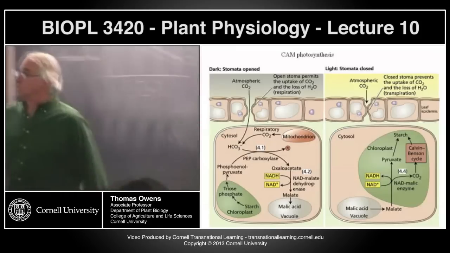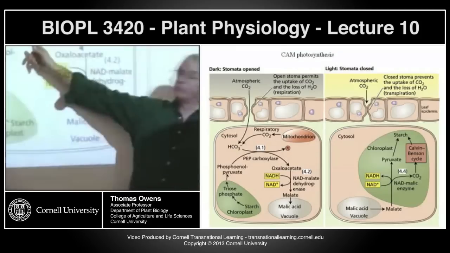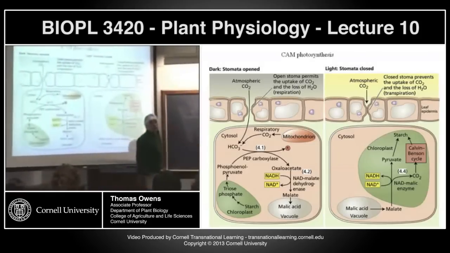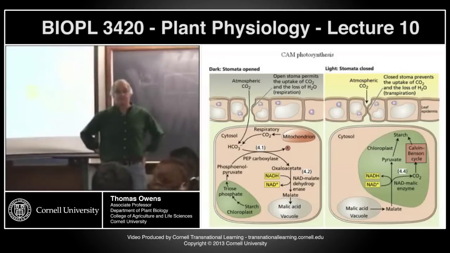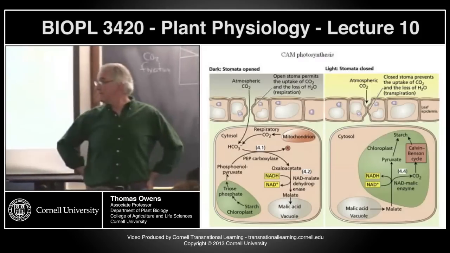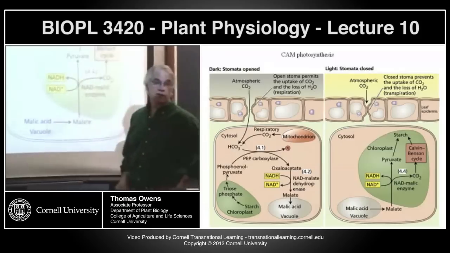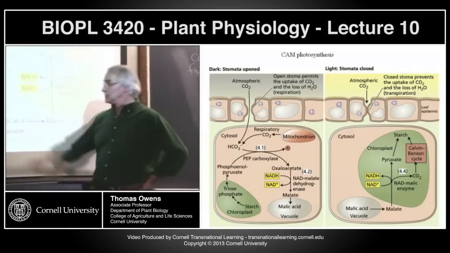Conversion, yeah. So there's some energy that's required in the production of PEP. But there's one more place where it's even more important. Yeah, you use it up here, but you get it back over here. How about here?